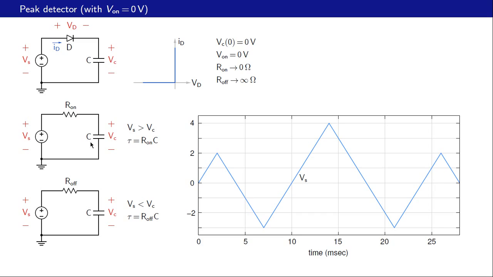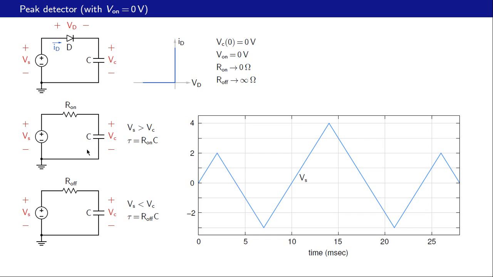So the capacitor starts charging through the diode. And what is the time constant for this process? It's R on times C, which is very small because R on is a very small resistance, ideally 0.